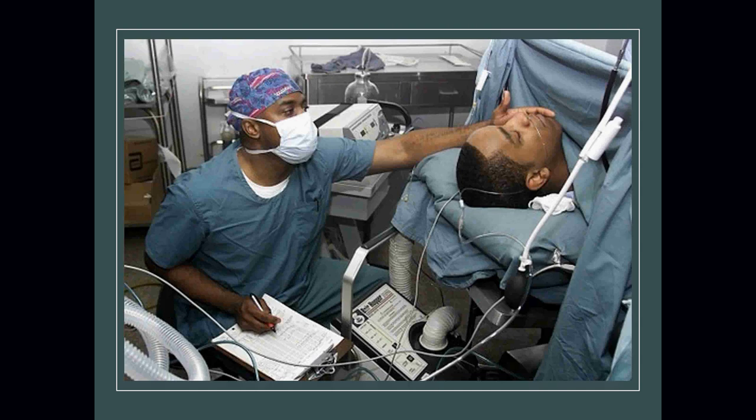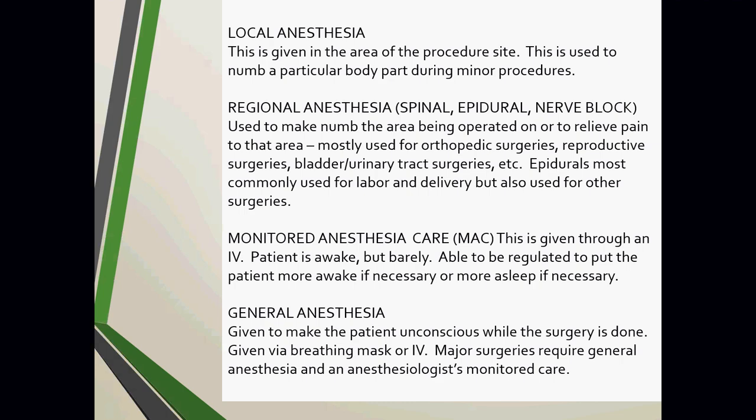Okay, let's talk about anesthesia just a bit. I'm going to briefly talk about the different types of anesthesia. Your course has some great information on this, and I'm going to link some websites also. So local anesthesia is basically just going to numb the part that needs numbing.